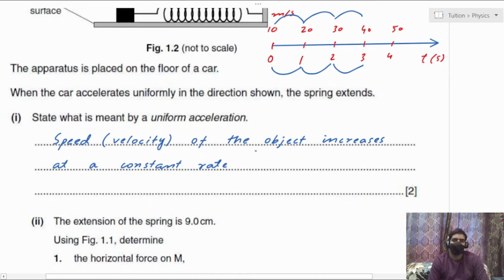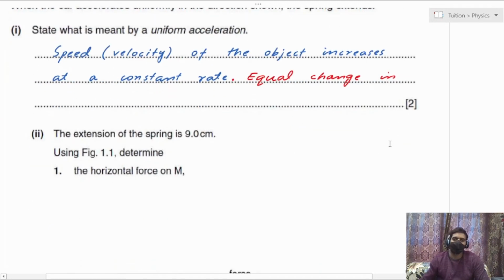So you have to write the speed of the object increases at a constant rate, or the alternate definition could be equal change in velocity in equal time intervals.